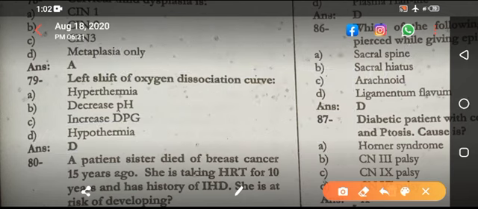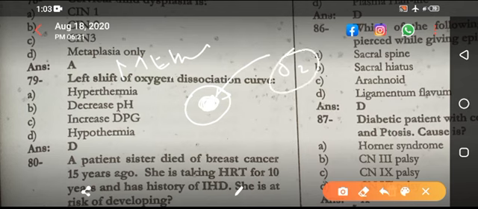What causes methemoglobinemia? In methemoglobinemia, if this is the RBC and this is hemoglobin, the problem is the oxygen cannot bind with the hemoglobin. Actually, the iron in the hemoglobin is changed. The valency of the iron is changed.